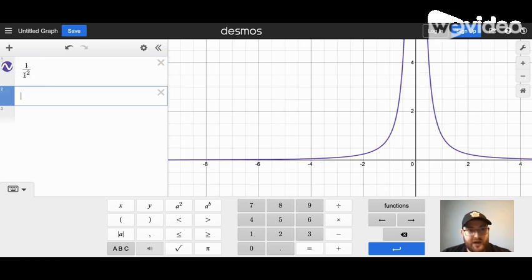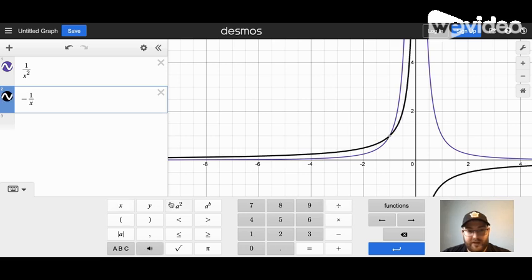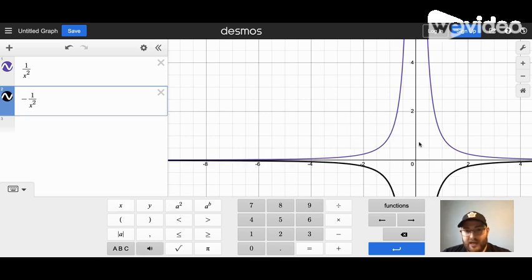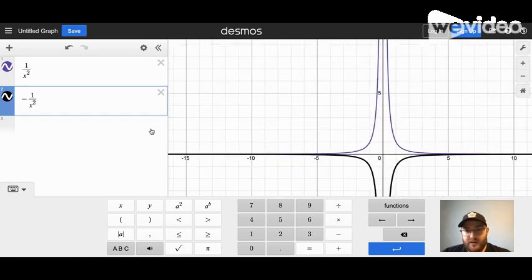Now if we wanted to try with a negative function, so we have -1 divided by x squared, and the only difference this time is that where it's a negative function, we can see that the limit as x approaches 0 from the left hand side is going to be -infinity, and from the right hand side is going to be -infinity.